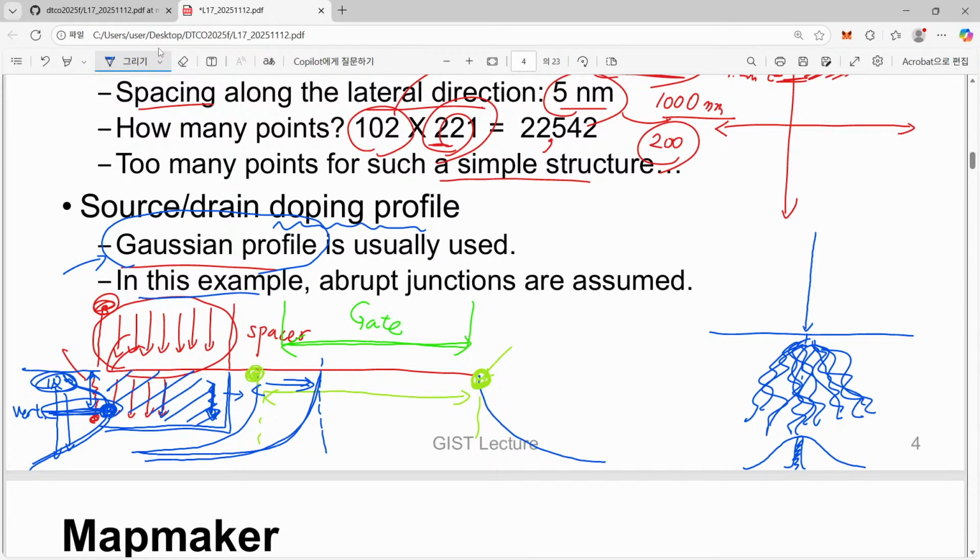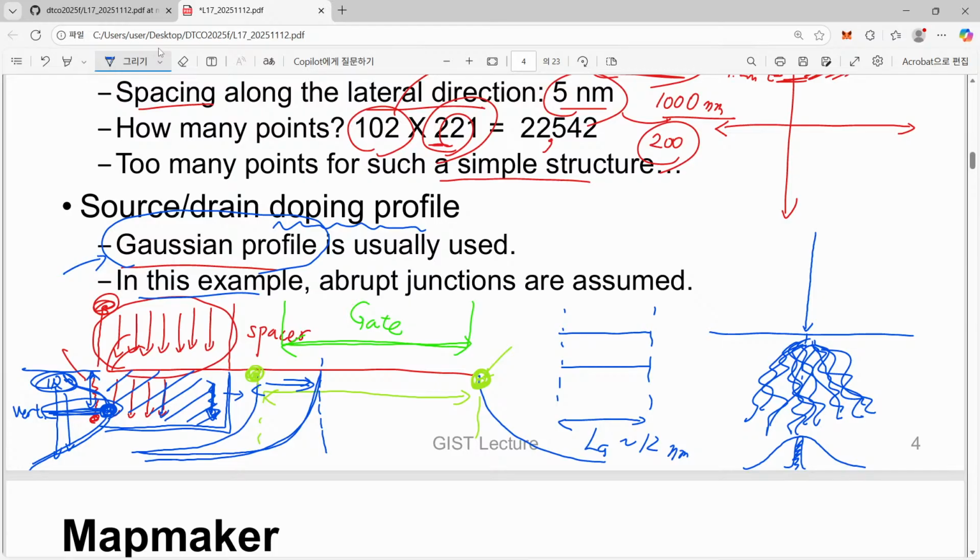Even nowadays, even as of 2025, this is critically important, because nowadays and in the coming future, eventually we will have a gate length of around 12 nanometer. That will be the ultimate value of our silicon transistors' channel length.